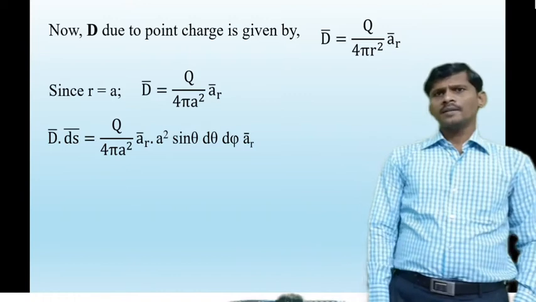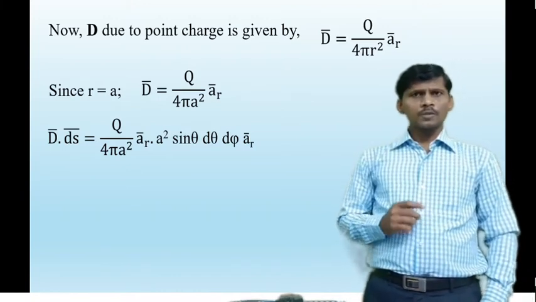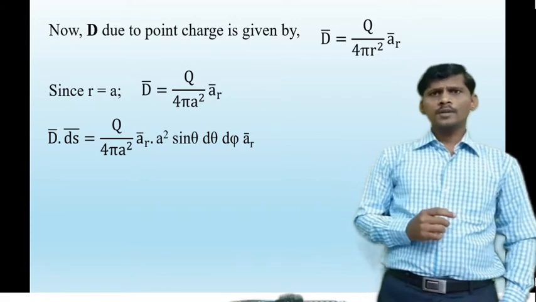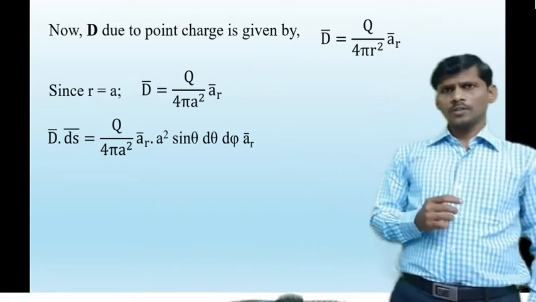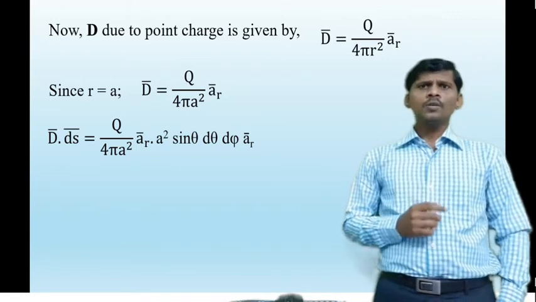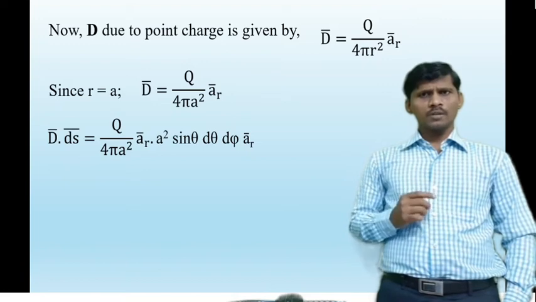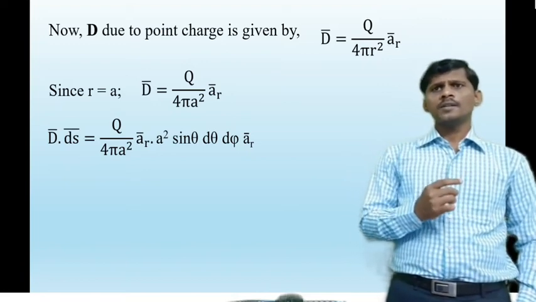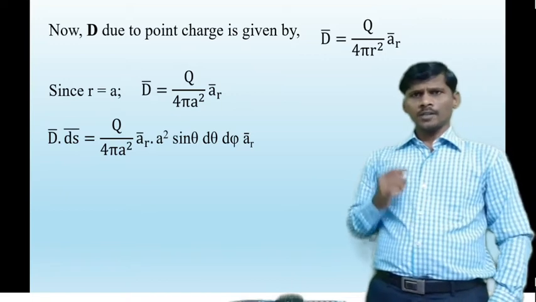Now determine the dot product of D bar and dS bar, the dot product of electric flux density and differential surface area. D bar dot dS bar is equal to Q by 4 pi a square a_r bar dot a square sin theta d theta d phi a_r bar.